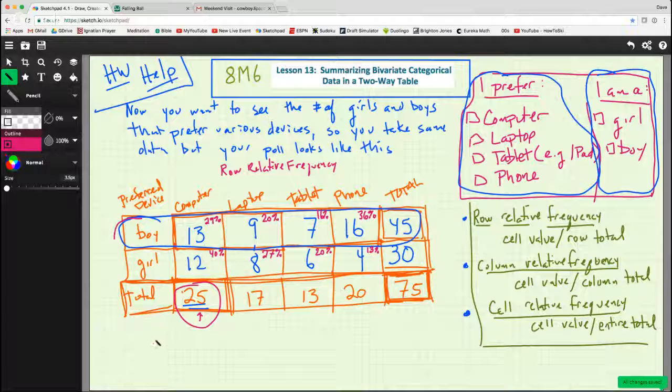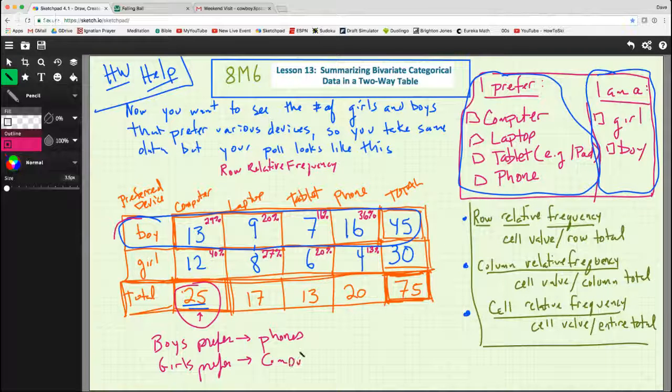But boys prefer phones. Girls prefer computers. And then the next thing girls prefer is laptops.